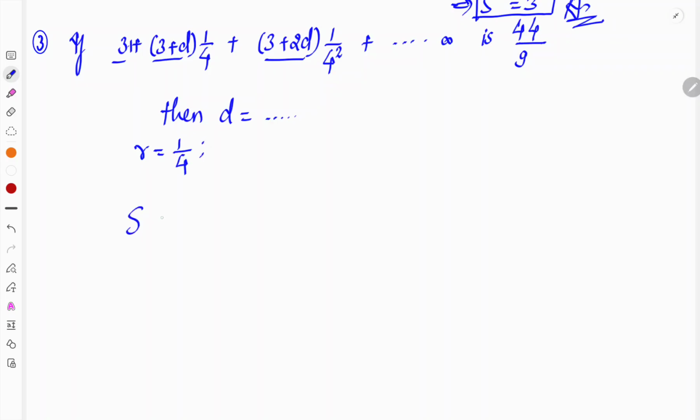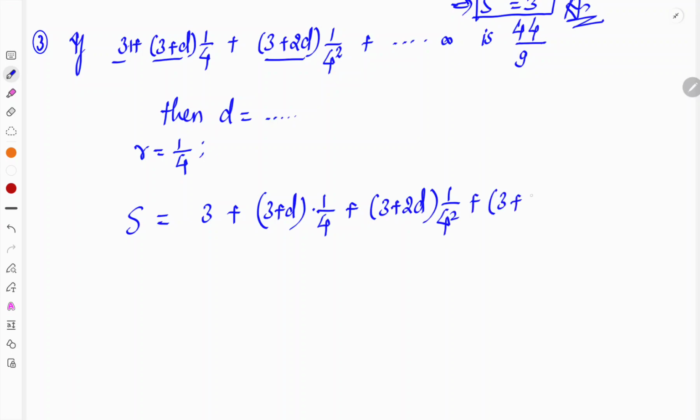I told you, just write this as S. Then you will be writing 3 into 3 plus d into 1 by 4, plus 3 plus 2d into 1 by 4 square, plus the next term will be 3 plus 3d into 1 by 4 cube, and dot dot dot, it keeps going.